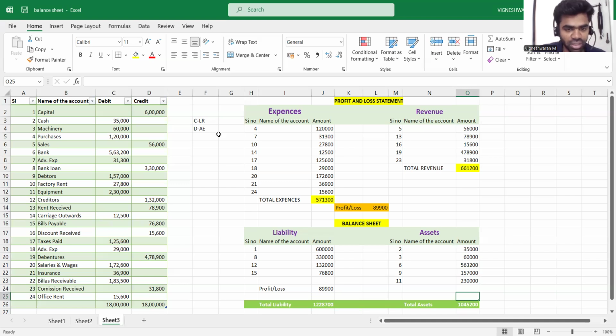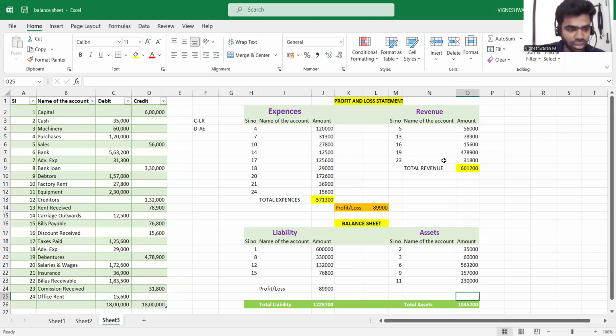Factory rent is the tenth one, an expense. Eleventh one asset, twelfth one creditors, liability, thirteenth one rent received, fourteen carriage outwards, expense, fifteenth one bills payable, credit side, so it's a liability, sixteenth one discount received, seventeenth one taxes paid, an expense. Eighteenth one advertisement expense, nineteenth one debentures, it's a revenue.